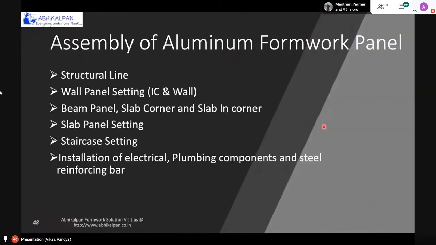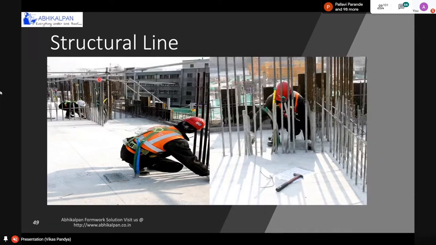The next portion of this presentation is the assembly of the aluminum formwork panel. This is the methodology we will follow to assemble our entire formwork system. The first work is the structural line. Before placing the panel, we have to mark the wall line or structural line of the walls, and we will mark two lines simultaneously.